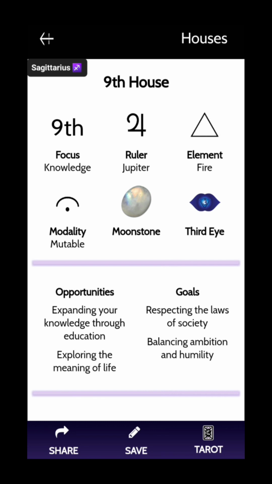Higher education, such as a 4-year degree or PhD, right? And long distance travel. And I usually range this up to 30 miles or more. Not in your hometown, not in your surrounding city. Okay? So that is the ninth house.